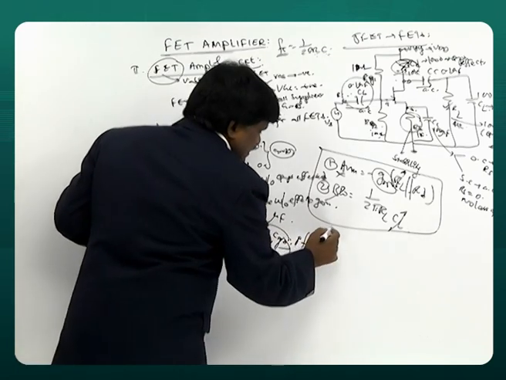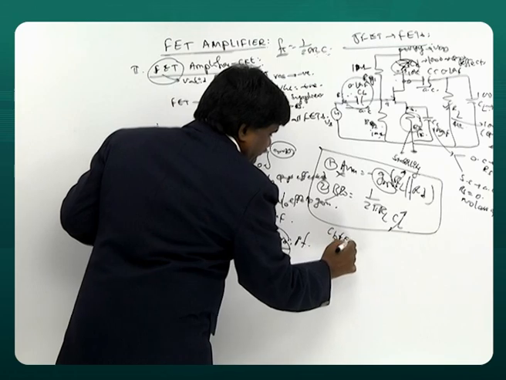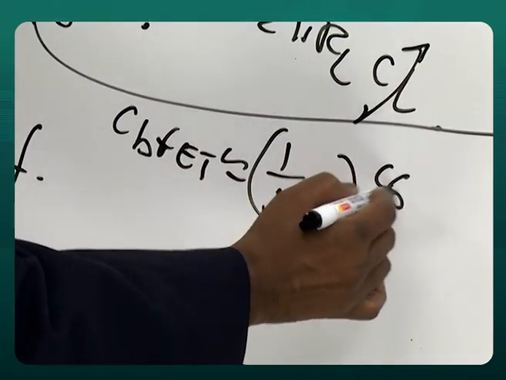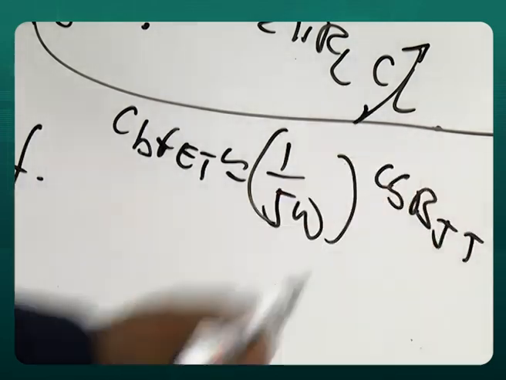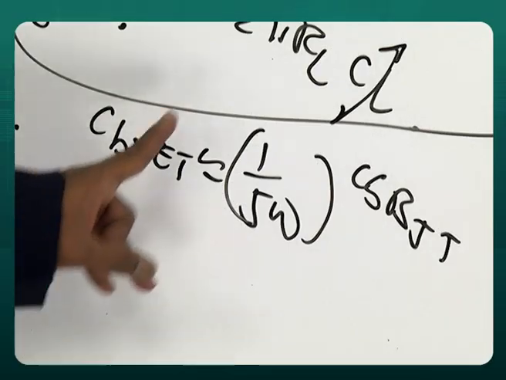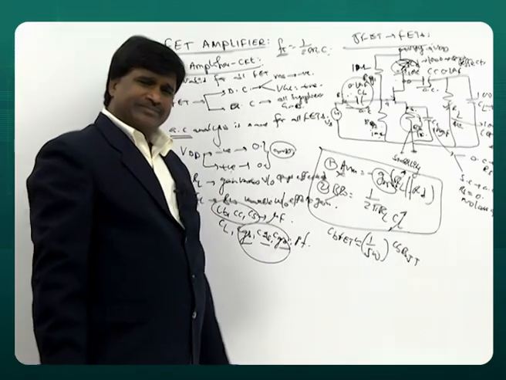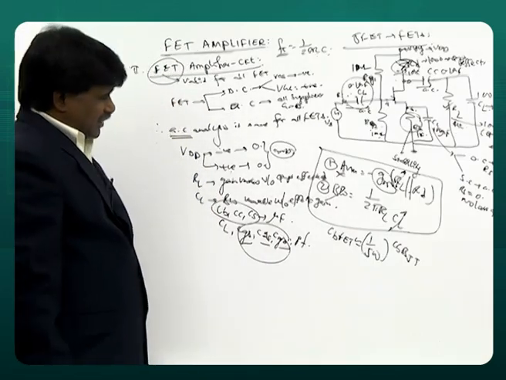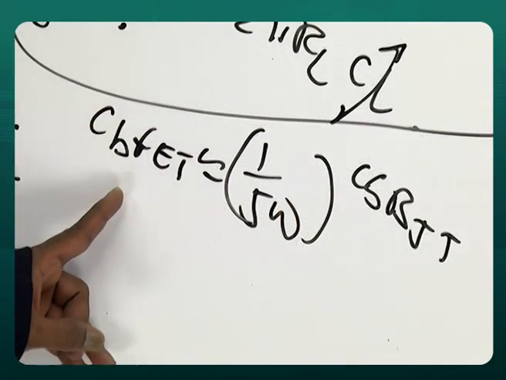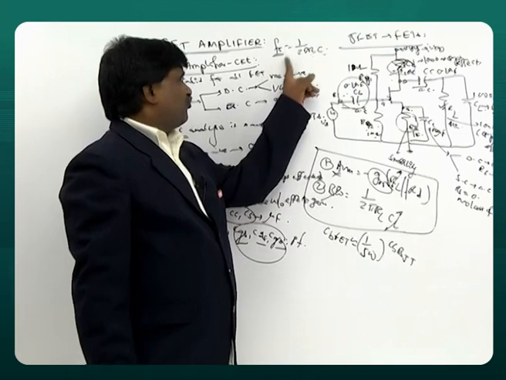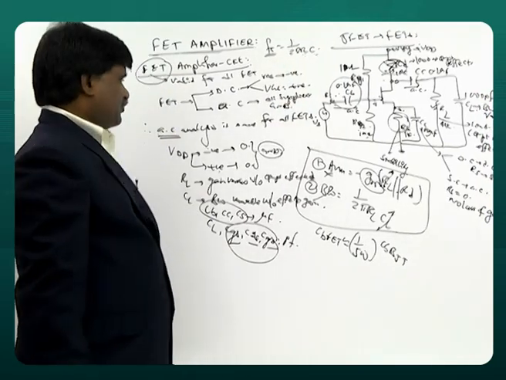In fact, CB of FET is approximately 1 by 500 times of CB of BJT. That's why this has to be a smaller value in order to have a good cutoff.